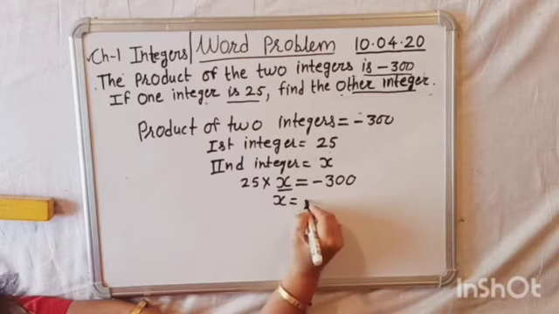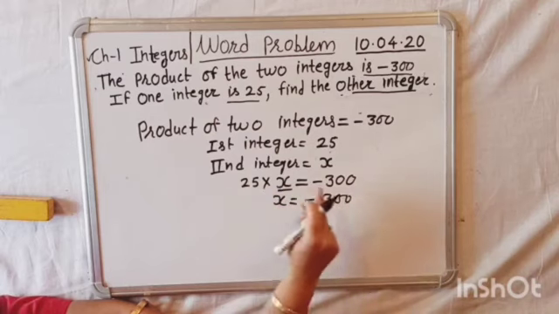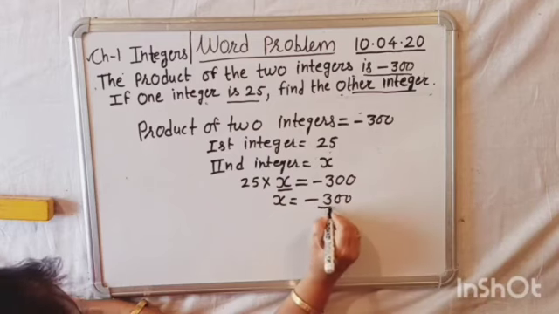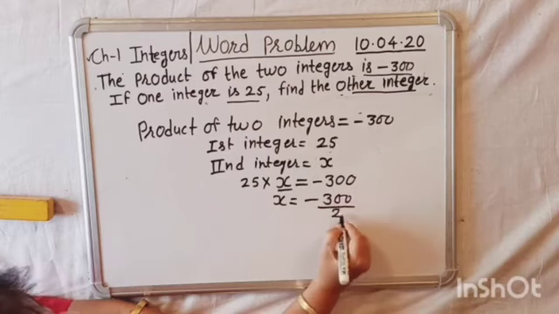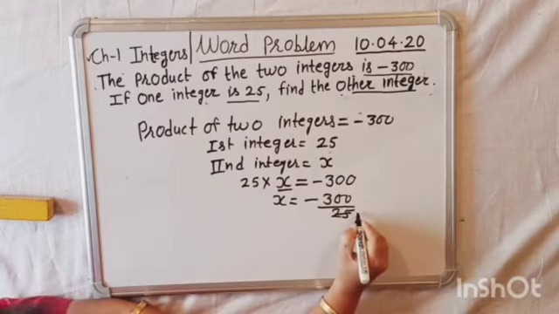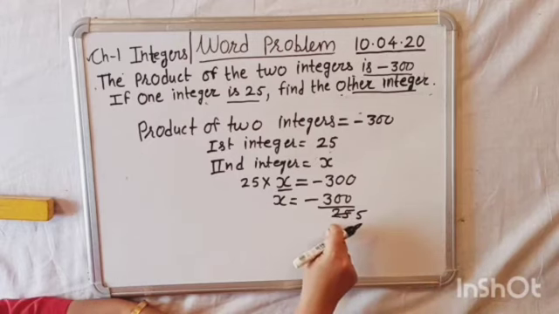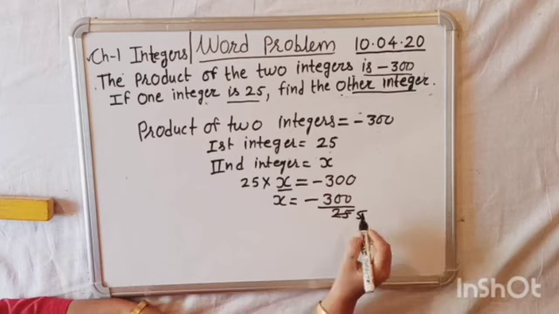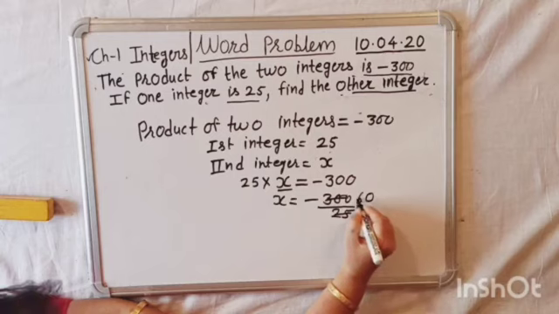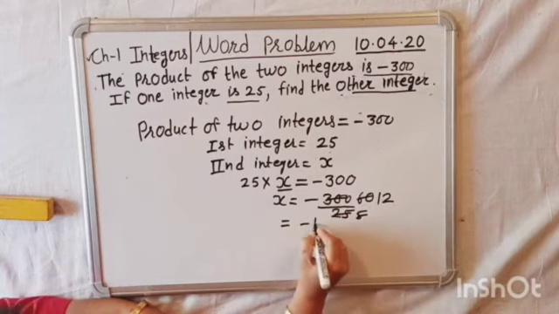So 25 will come to the right hand side, so minus 300 will be divided by 25. Okay. Now you can cancel it step by step or directly by 25. Now cancel it by 5. It will be minus 12.